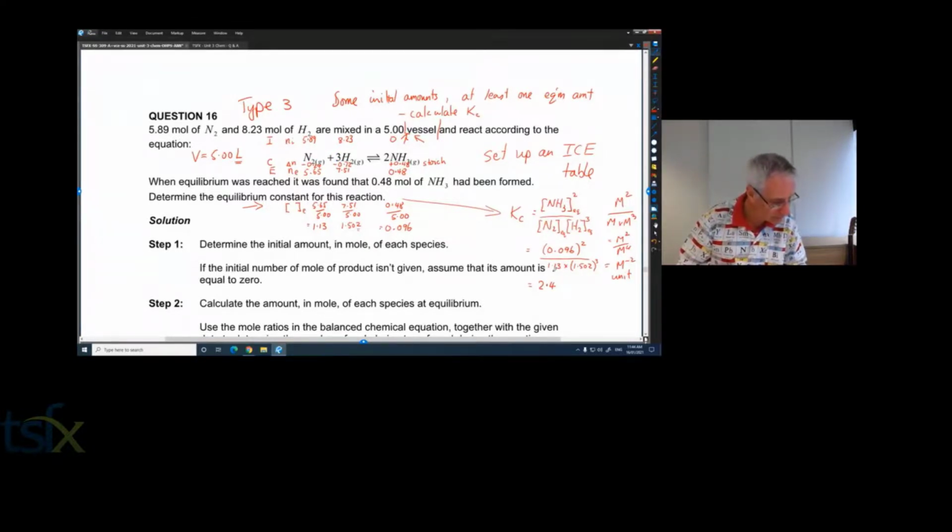Question 16. No, I didn't write down in my notes. So I'll assume, in fact, I might even just check it to make sure I haven't made a stupid mistake. I can justify 2 sig figs, and I must have a unit, molar to the -2. Better just check that that agrees with the back of the book for question 16.